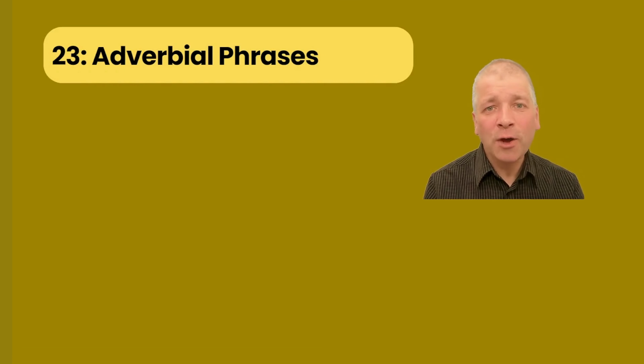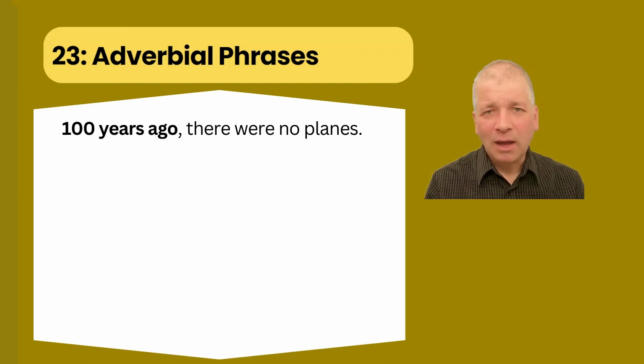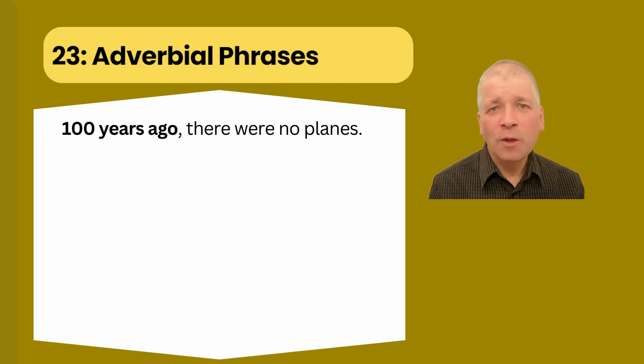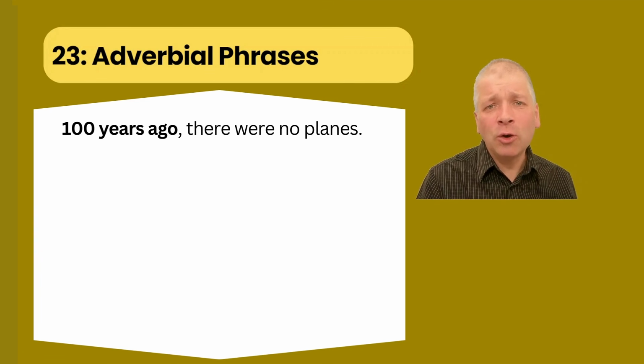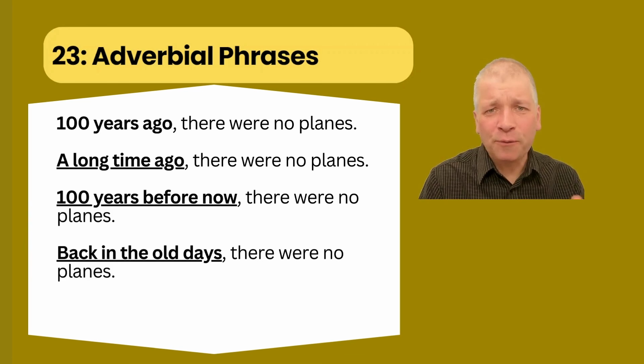23. Adverbial phrases. Have a look at this sentence about the past. 100 years ago, there were no planes. There are a number of other ways, though, that we could express this adverbial phrase. Perhaps a long time ago, there were no planes. 100 years before now, there were no planes.